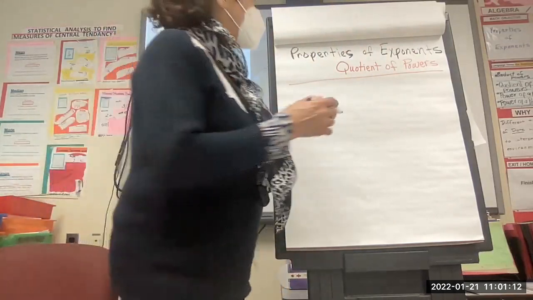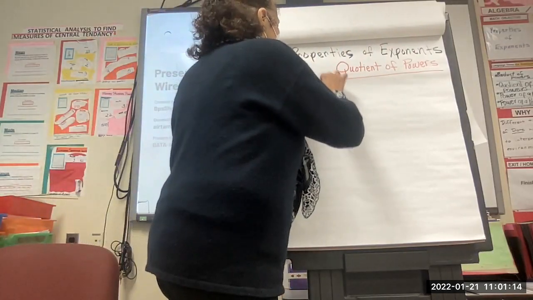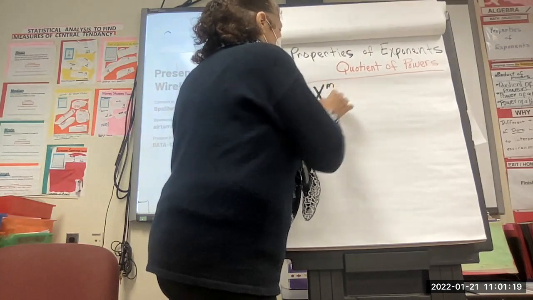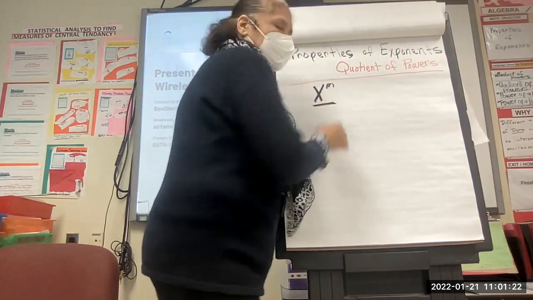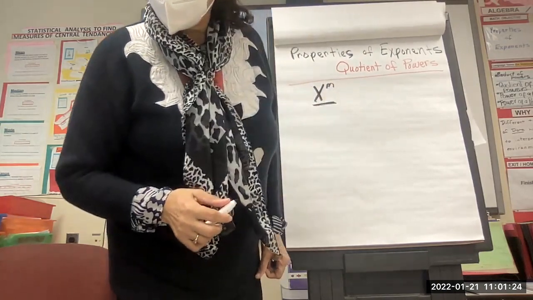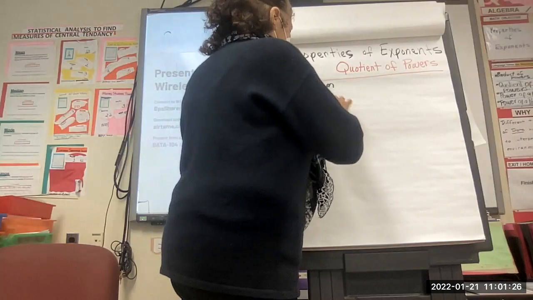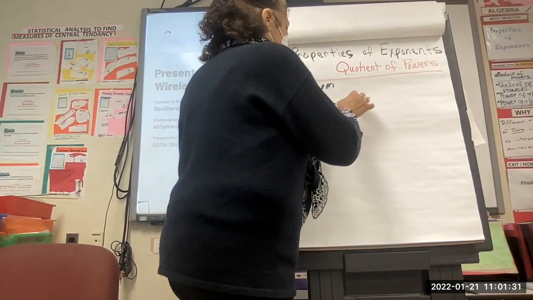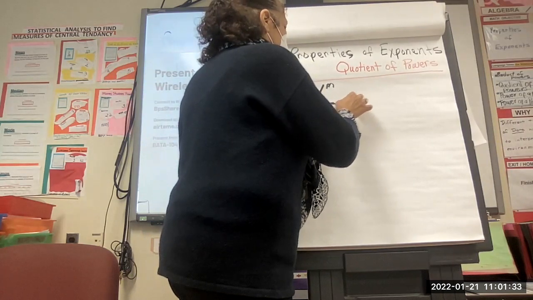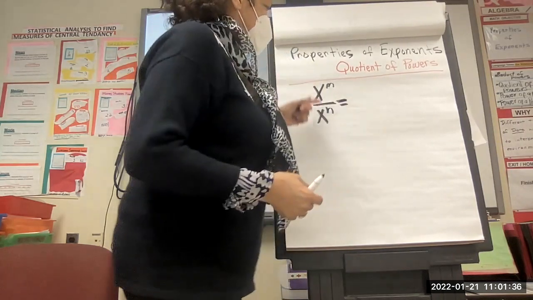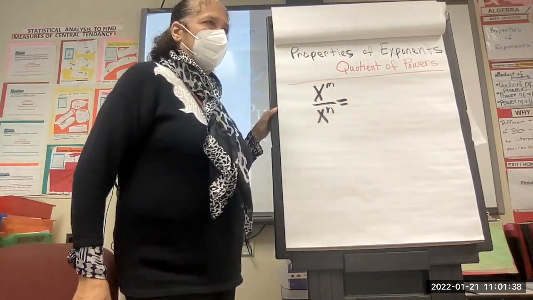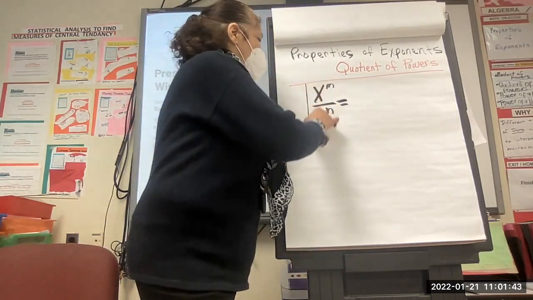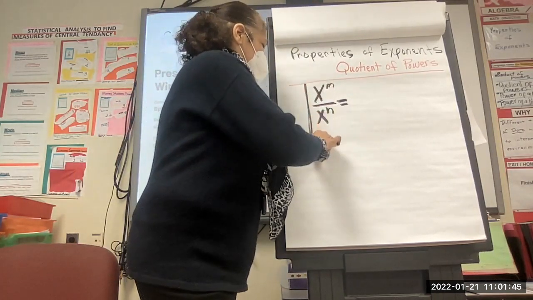So for example, if I give you a problem that says x to the value of m divided by x to the value of n. What we are doing here is a division problem, but the powers don't want to divide.